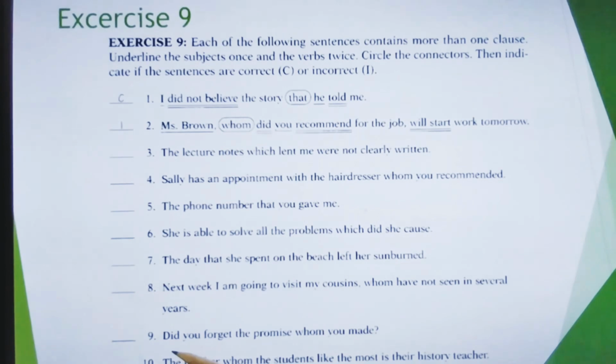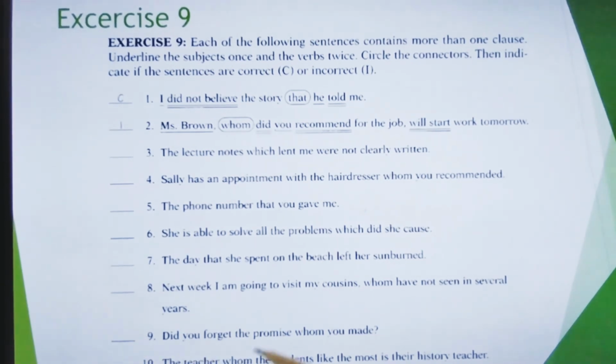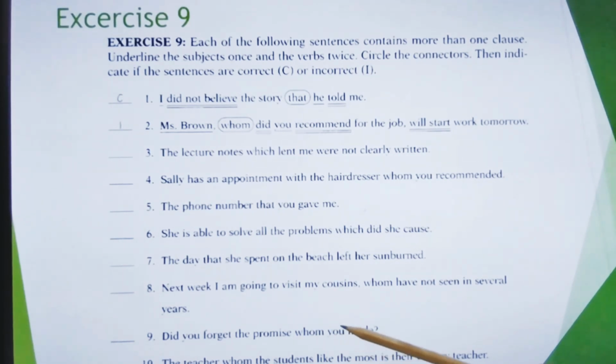Number 9, did you forget the promise whom you made? Okay, so it is incorrect. Why is it incorrect? You have to identify the connectors. Even though the dependent subject is correct, and this one is also correct, the connector is incorrect. Why? It's supposed to be which or that. Why?